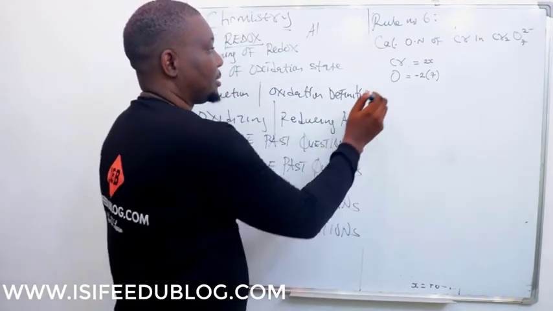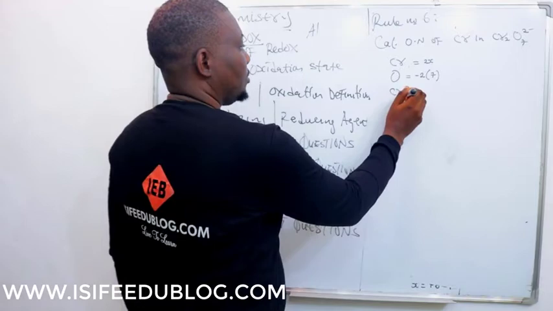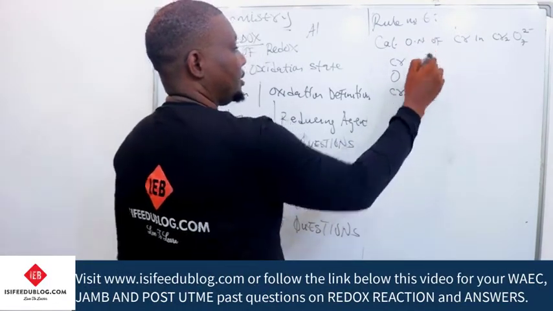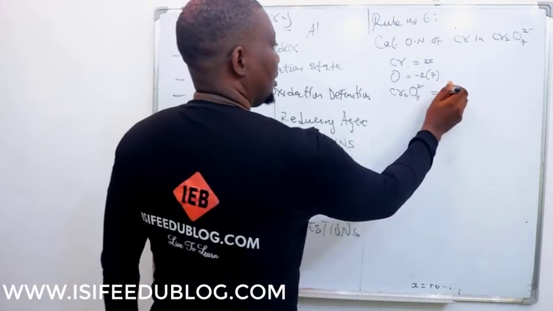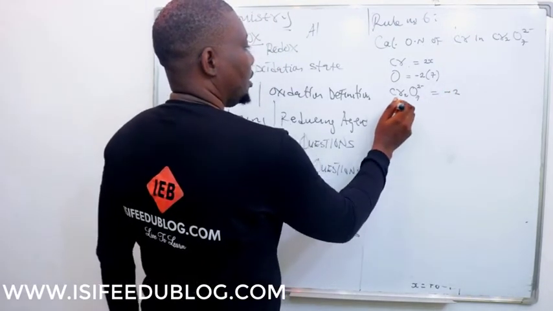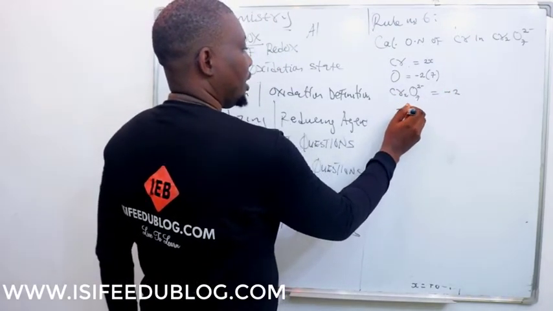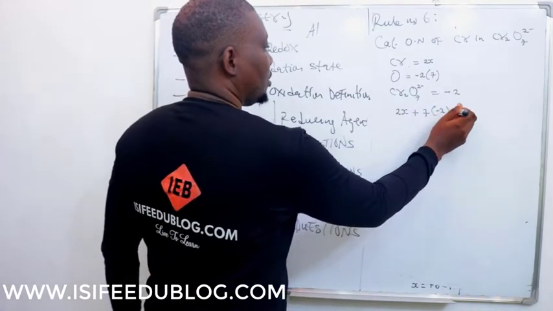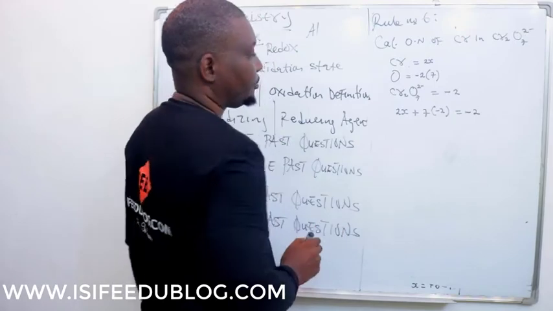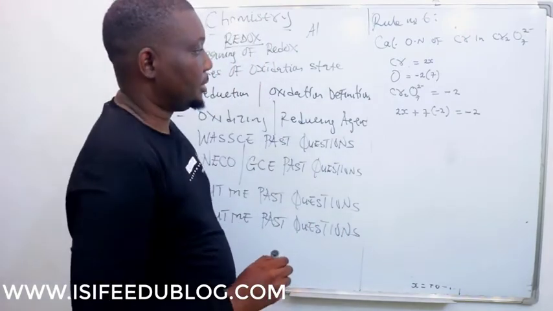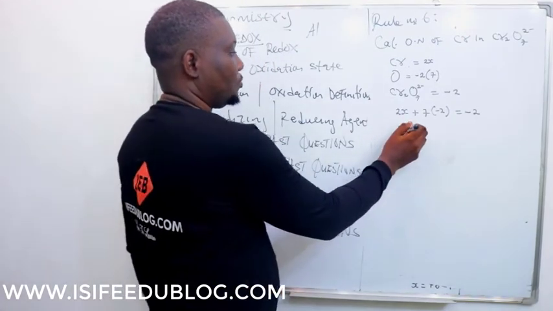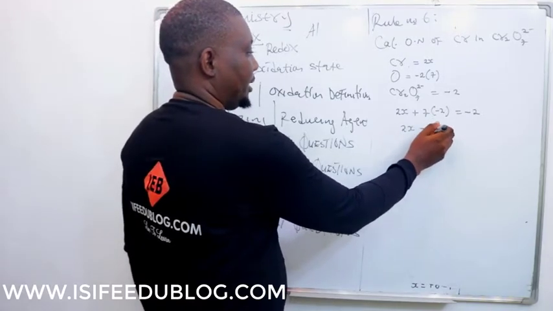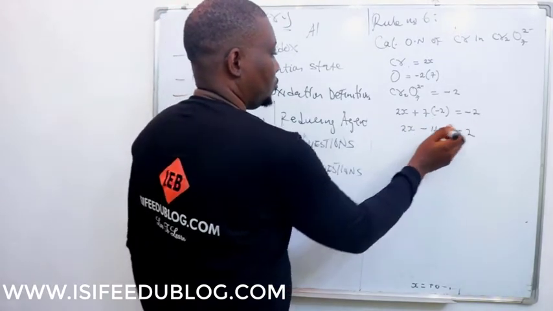And then the sum of Cr2O7 2 minus is equal to the charge it has. Not equal to 0 this time, but equal to what? Minus 2. So instead of chromium, we have 2x plus 7 times minus 2 equals minus 2. So what do we have here now? 2x plus 7 times minus 2, which is minus 14, equals minus 2.